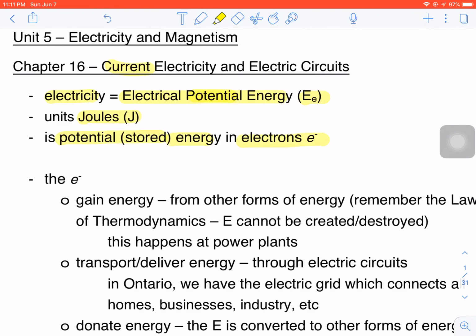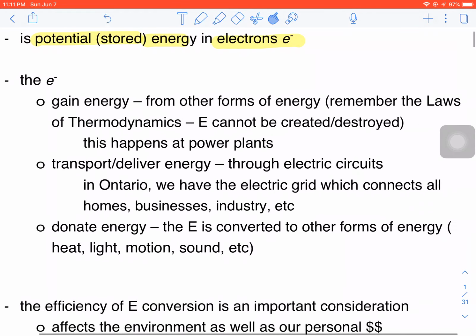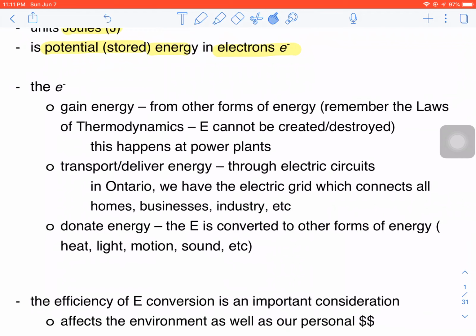Now, when I look at the whole process here, again, we're looking at what's going on with our electrons. So if the electrons are going to gain energy in order to bring it to my house, I'm going to recognize that they gain energy basically by transforming it from another type of energy. Right? So remember, energy transformations happen all the time because of the law of thermodynamics.